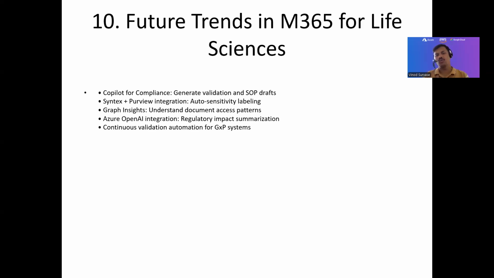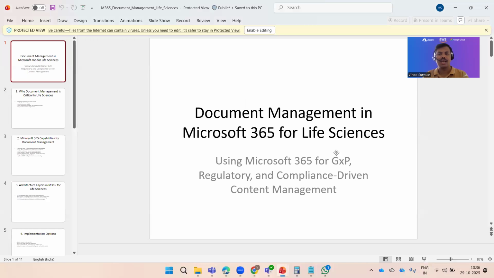Based on all of these trends, organizations are going to adopt different technological enhancements and go ahead with different capabilities that they use today and in the future as well. That is what I wanted to walk you through about document management using Microsoft 365, right?